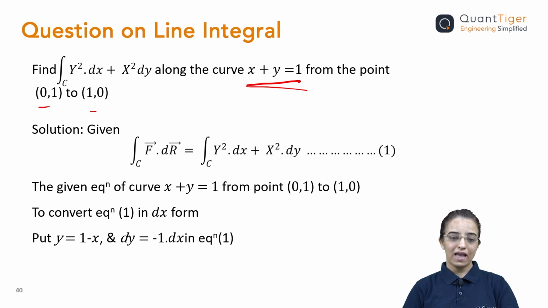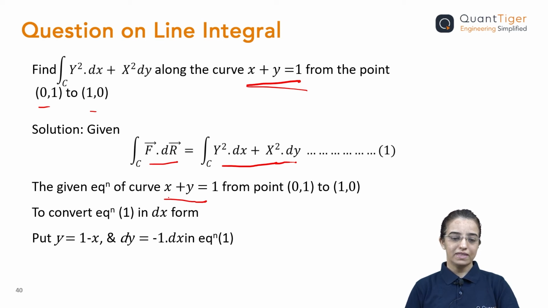First of all, we write F dot dr, which is given here as y square dx plus x square dy, and we will call it equation 1. The given equation of the curve x plus y equals 1 we will be using, and the starting and end points are also given here.